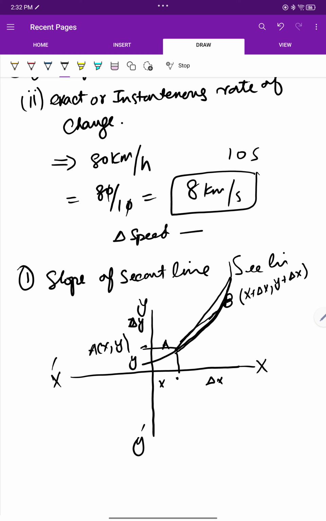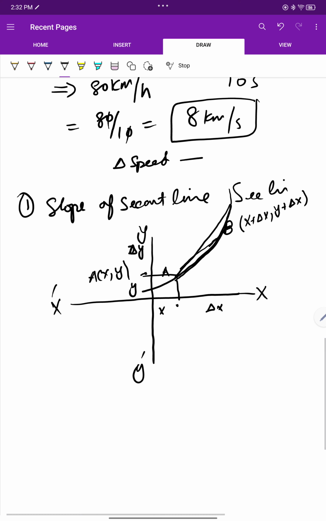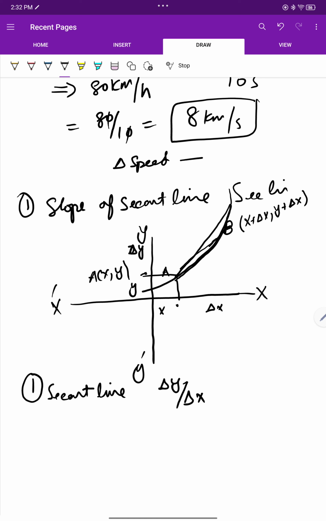This is called curve. So this is the rate of change, because it's from A to B. So how can you find it? I can give you detail when we are doing the derivatives, but actually we call it the secant line: change in y with respect to x, and it's the slope of the line.